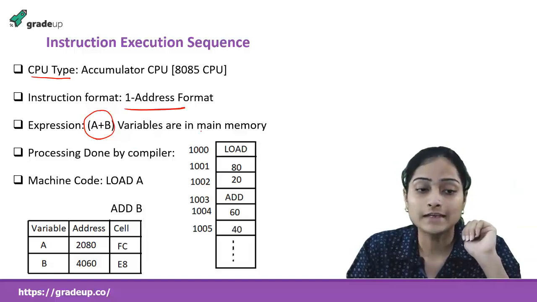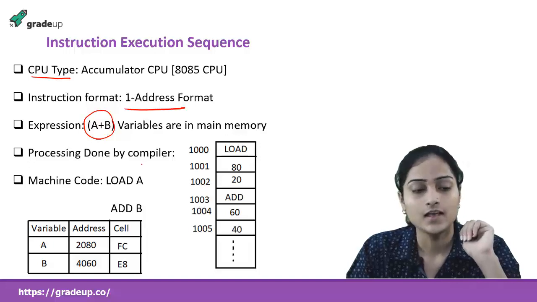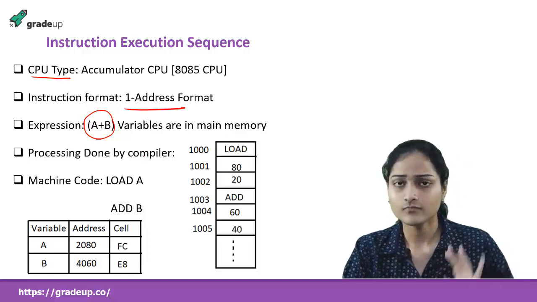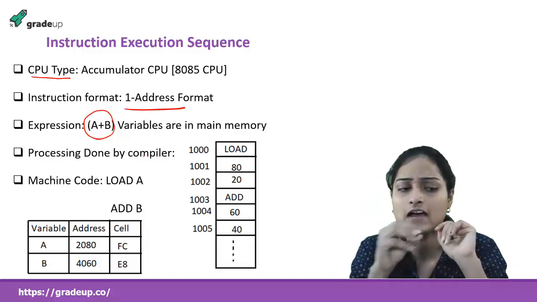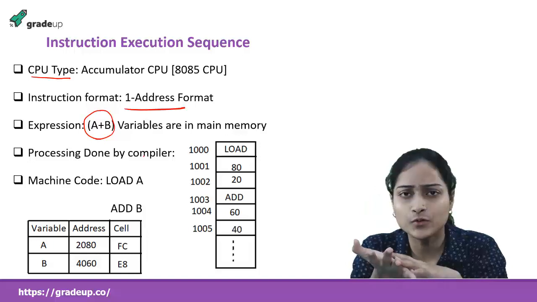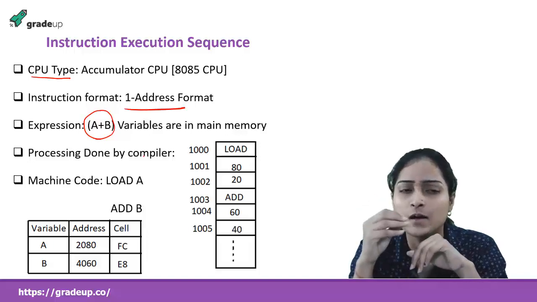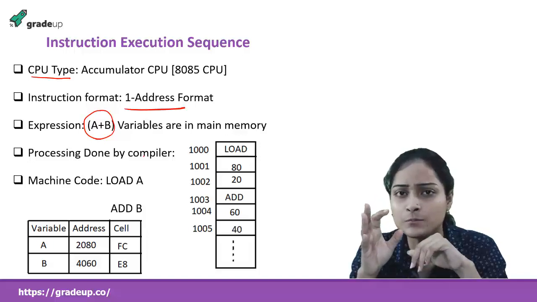Variables are in main memory. It is given that these two variables A and B are stored in the main memory. I want to calculate A plus B, so I have written my program for A plus B. You might be aware of the C language. After writing the program, the compiler will do some processing.